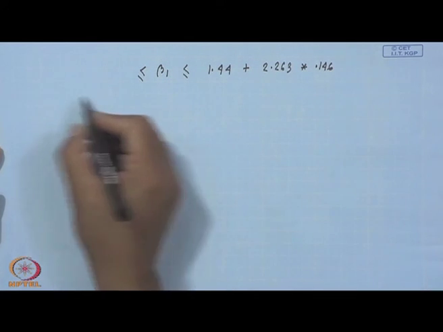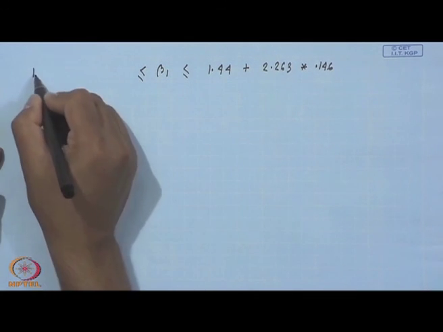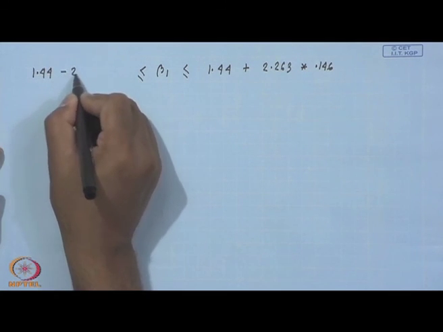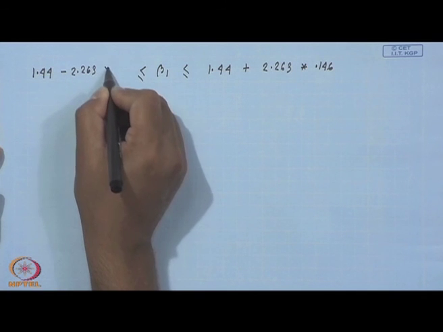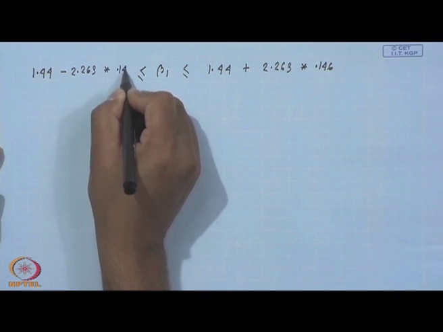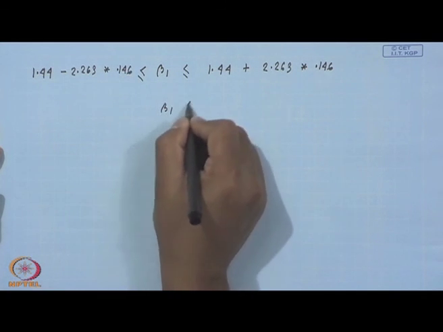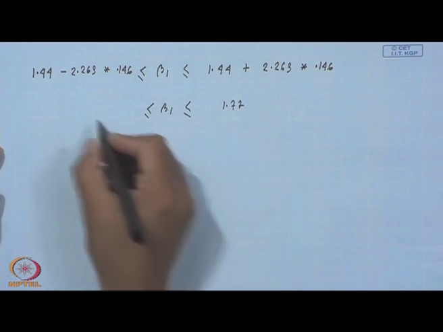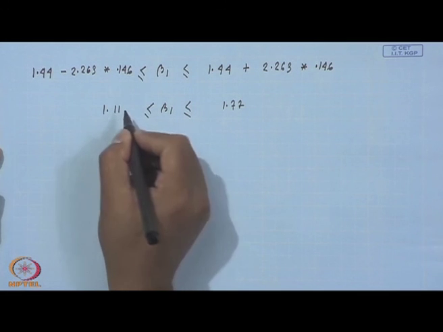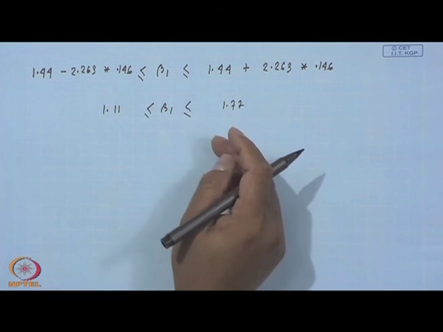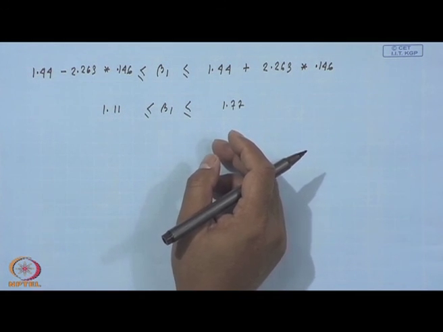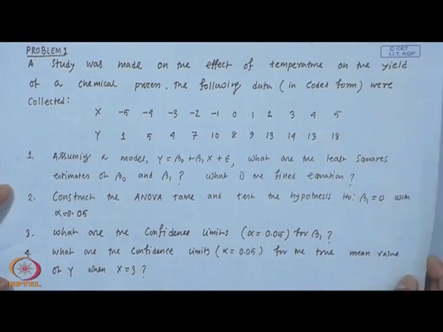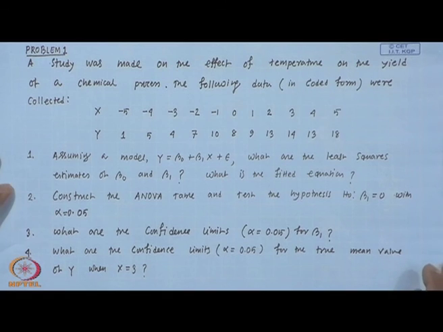And similarly here, 1.44 minus 2.263 into 0.146, and here is the limit for beta 1, it is 1.77 and 1.11. So, till now these problems we have already discussed in the module, I think even 4 also.